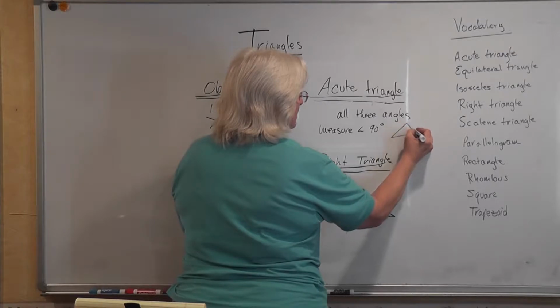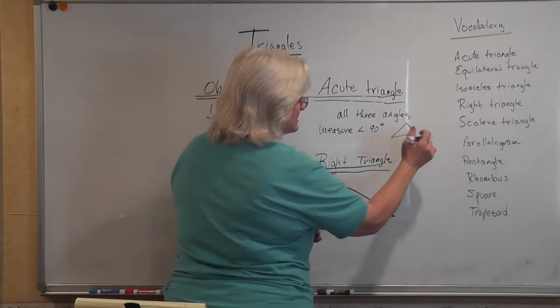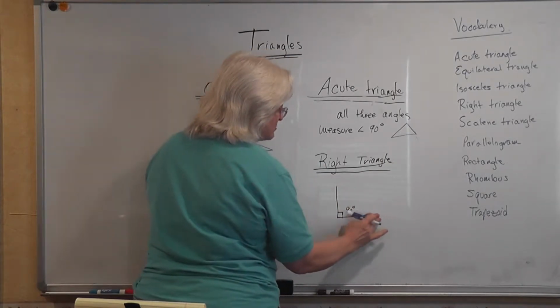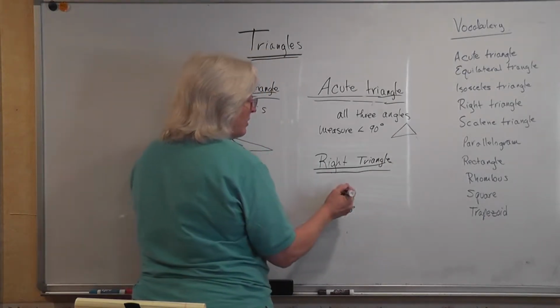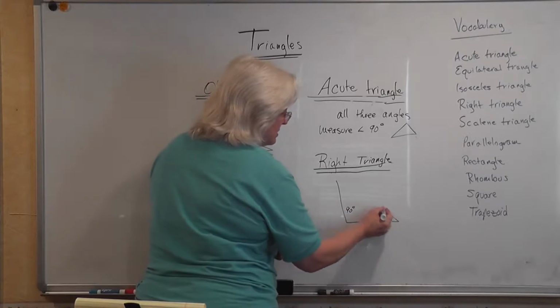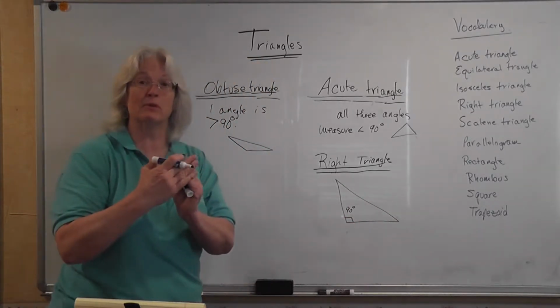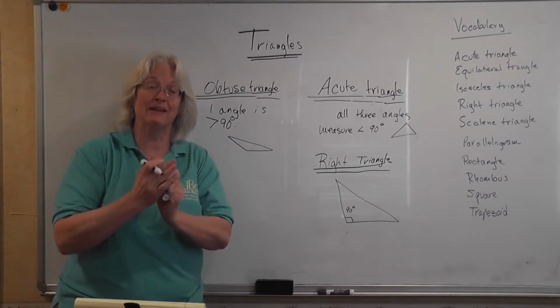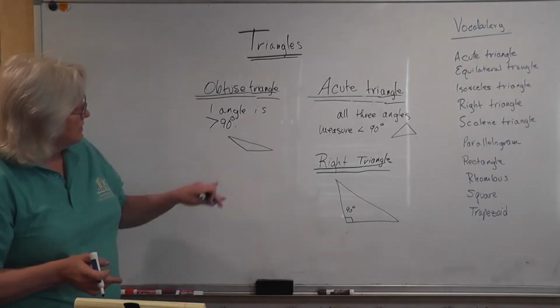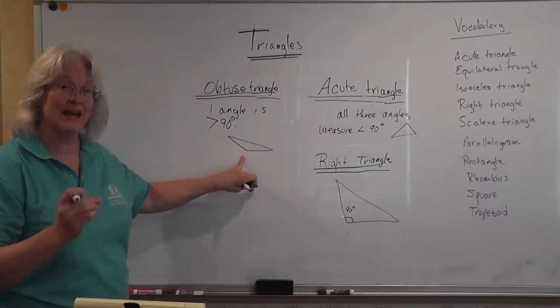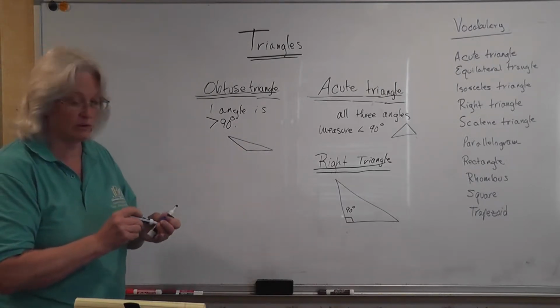So that is an example of an acute triangle. This is a right triangle where one of the angles is 90 degrees, and we're going to use that little box in the corner. Remember, that indicates that we have a right angle. And here we have an obtuse triangle where one of those angles has to be greater than 90 degrees.